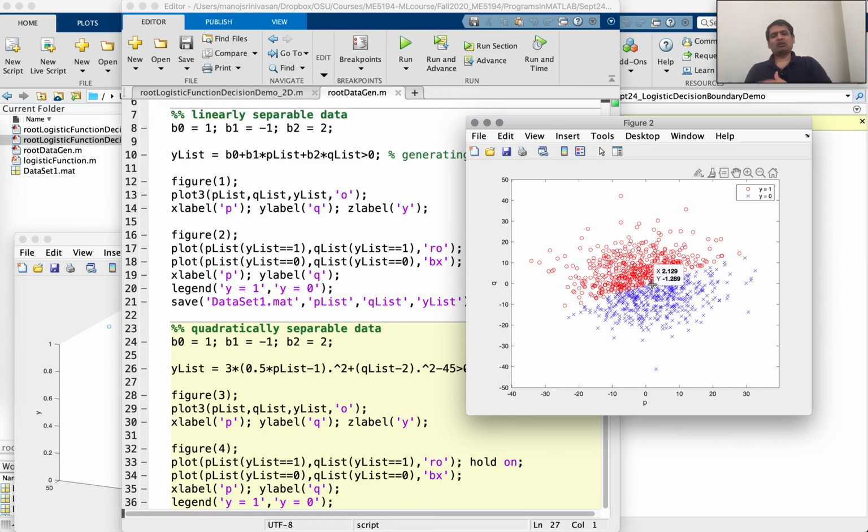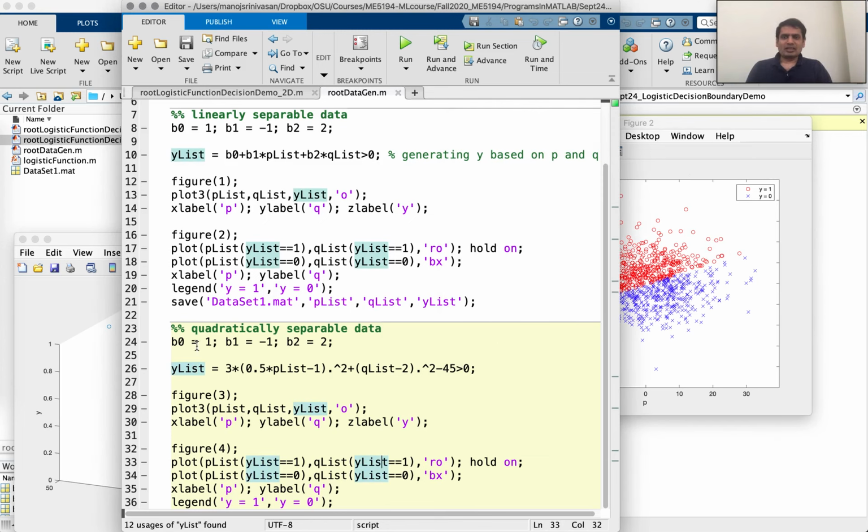That plane is called a separating hyperplane or a decision boundary. We'll talk about that again. This is called linearly separable because the data can be separated by a line or a plane, that is, linear.